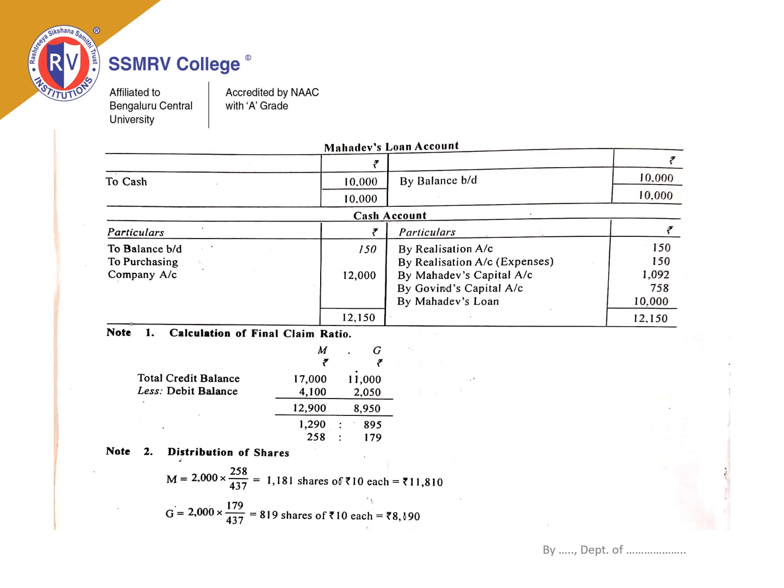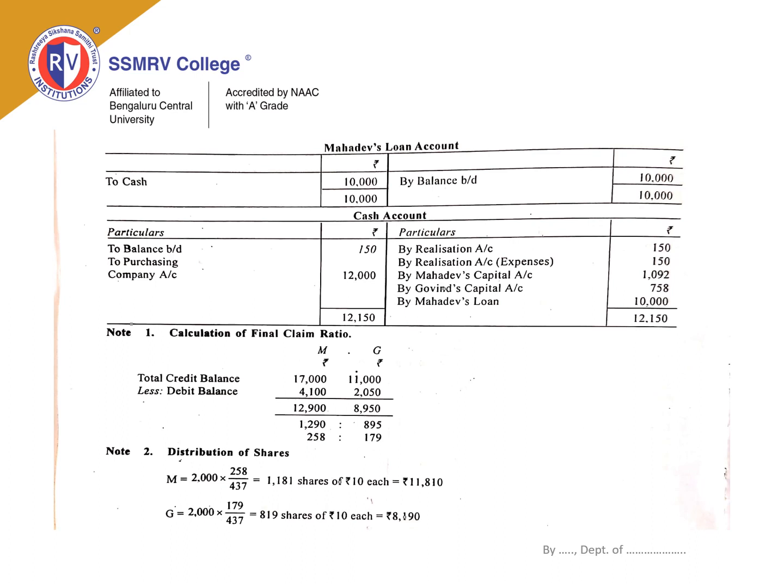If possible, this can be further reduced. You can divide it and further reduce it, or it can be retained as it is. If it is reduced further, the final claim ratio will be 258 is to 179. If you are finding it difficult to reduce it further, you can keep it as 12,900 is to 8,950 as it is. Not an issue.